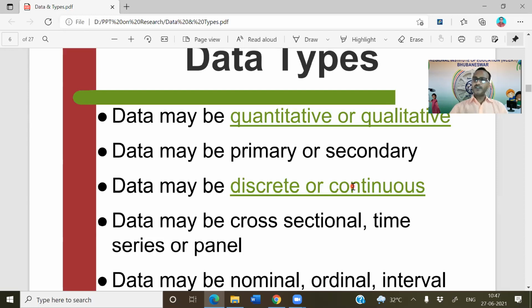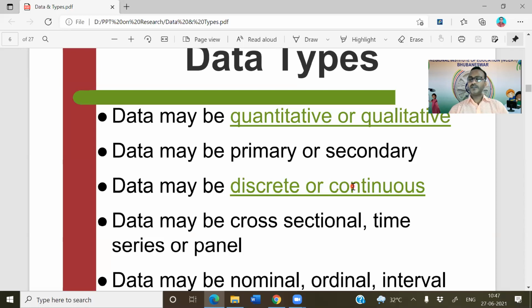So you need to understand quantitative and qualitative data because you have to select a suitable strategy, suitable technique for your data analysis. When your data is qualitative, how will it be analyzed? When your data is quantitative, how will it be analyzed? Therefore, you need to understand both.